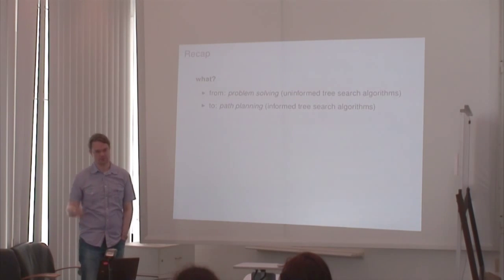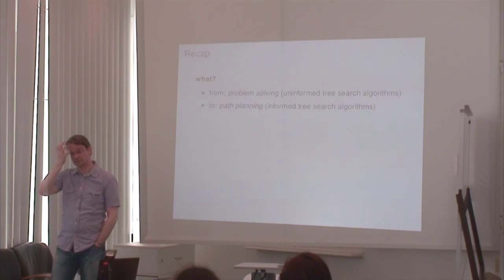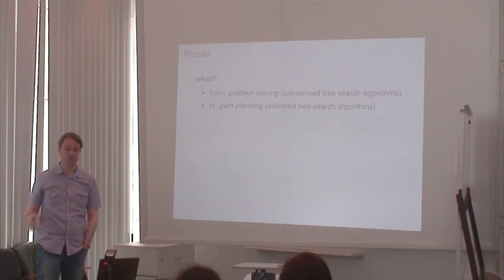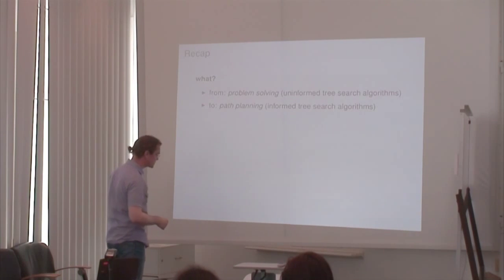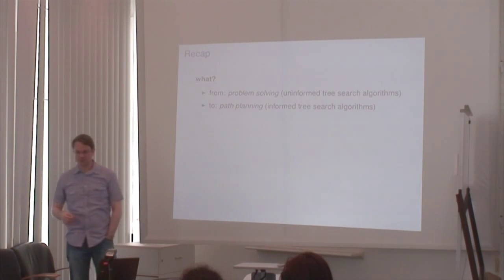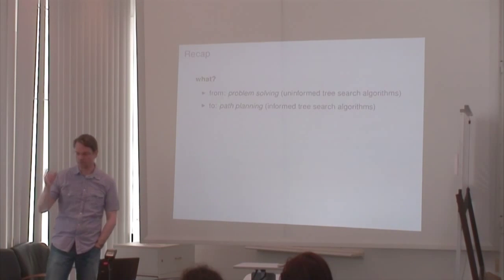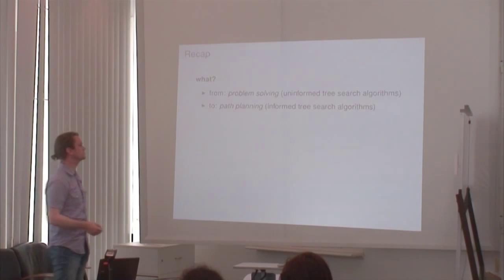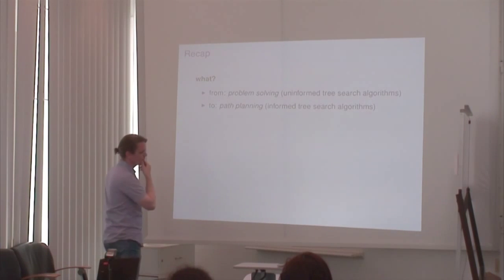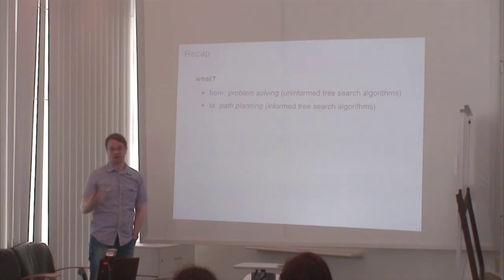path planning. That is a very important problem that occurs in many different situations and practical applications. And tree search algorithms are sort of the canonical approach towards this problem of path planning, in particular informed tree searches. We looked into the A-star algorithm.